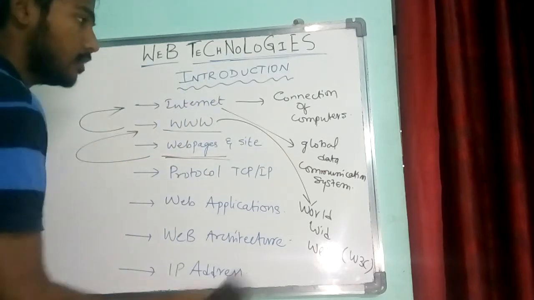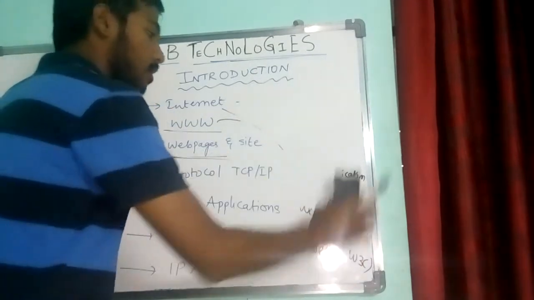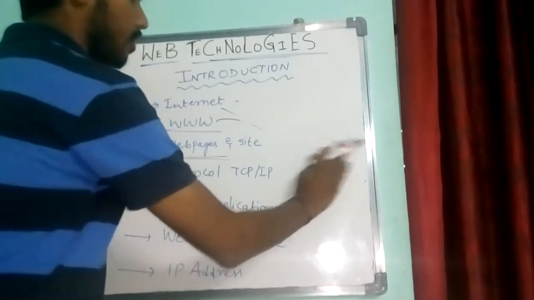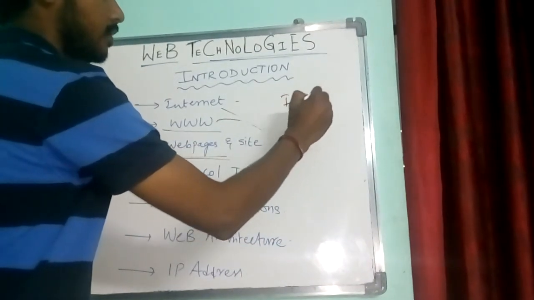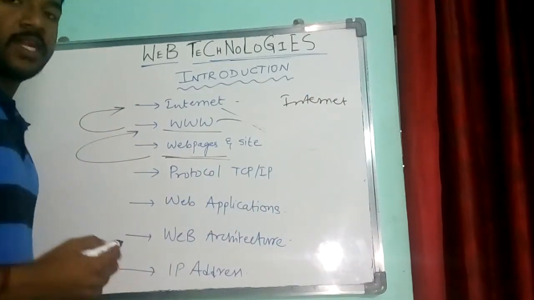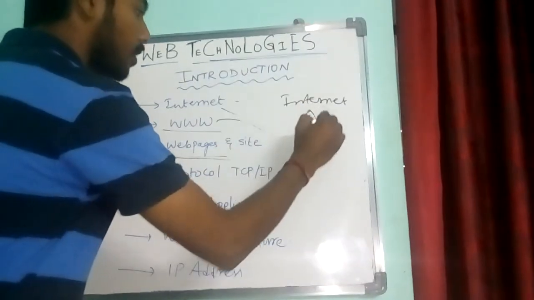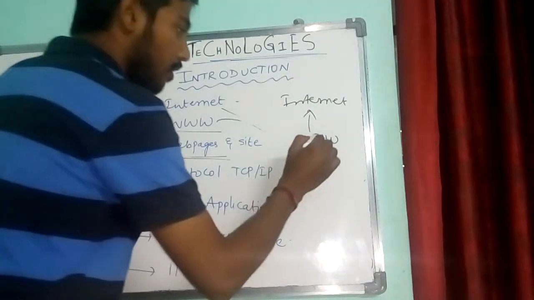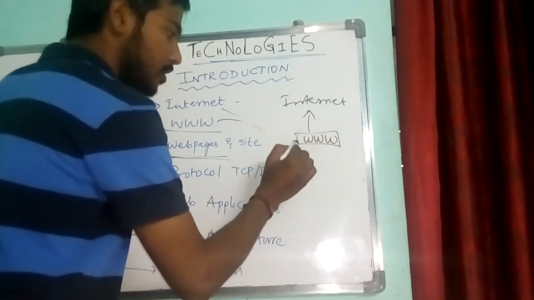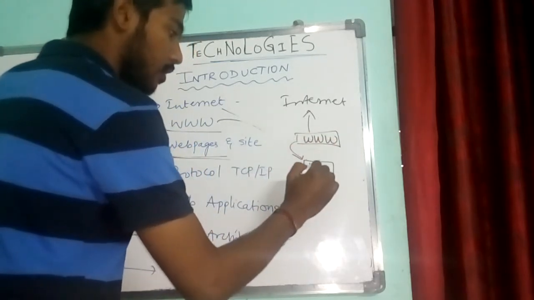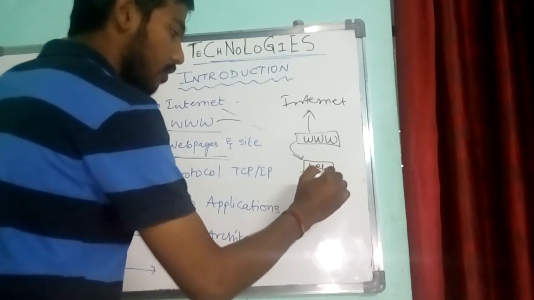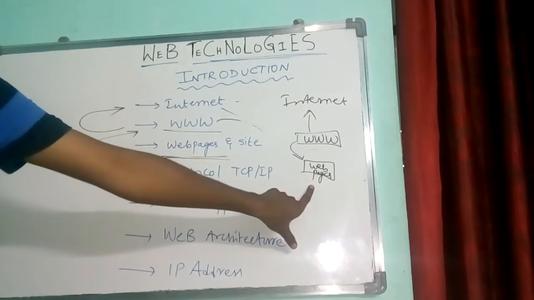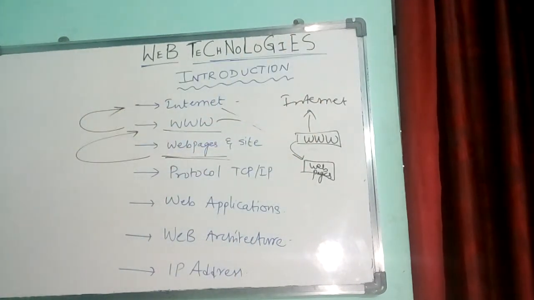If this is the internet, to retrieve the information of the internet I need www, the World Wide Web. The World Wide Web does this using web pages to retrieve the information of the internet.